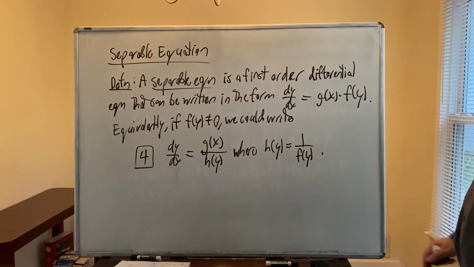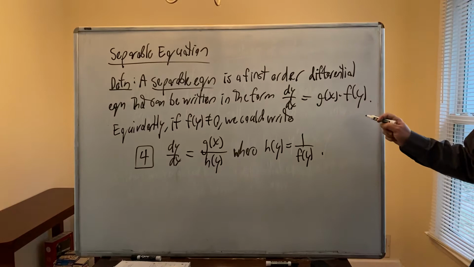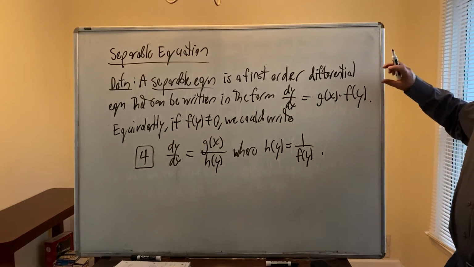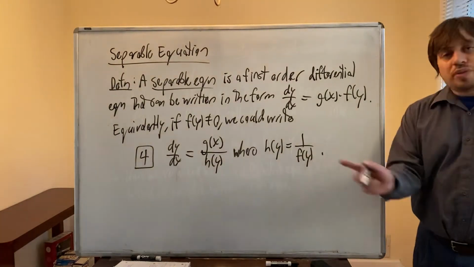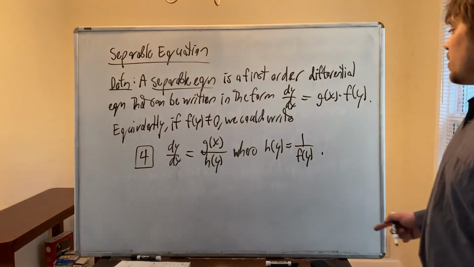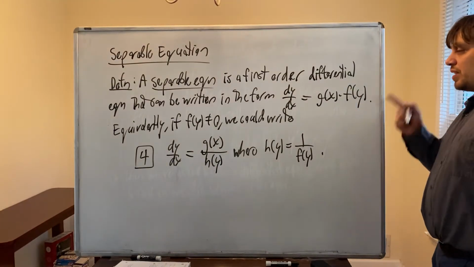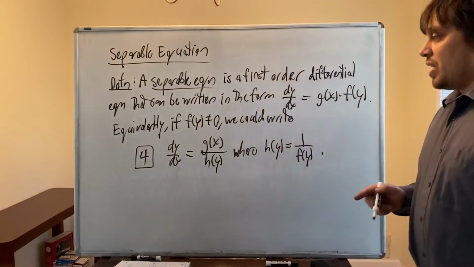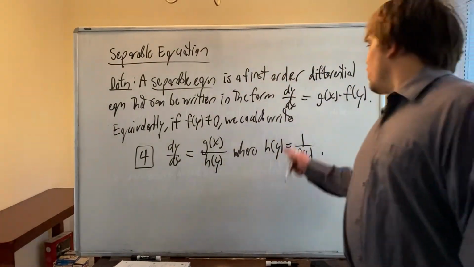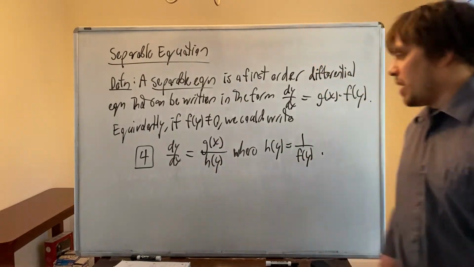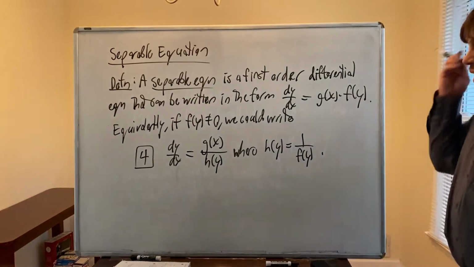So if f of y is never 0, then you could talk about its reciprocal, 1 over f of y. Why would you want to do that? Because if you take g of x and divide it by 1 over f of y, it's the same as multiplying by f of y. So we call the function h of y equal to 1 over f of y, and instead of multiplying by f of y, we divide by h of y. And so we can say dy dx equals g of x over h of y.